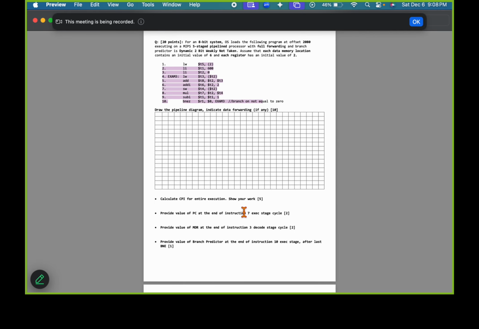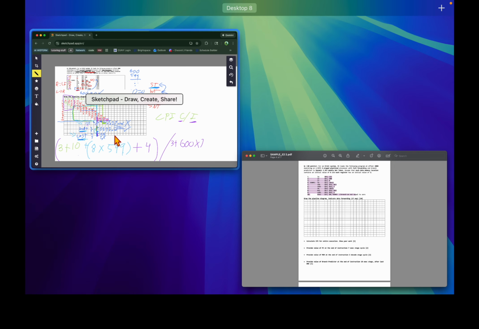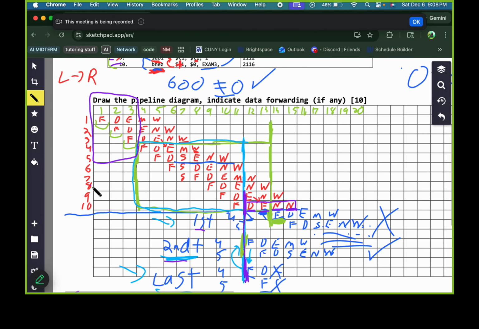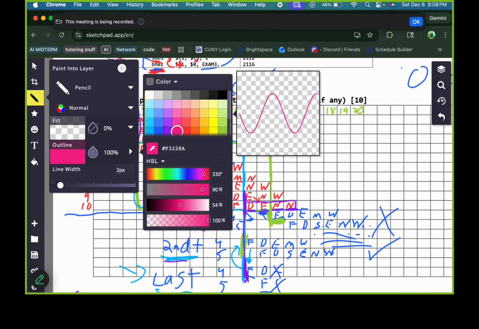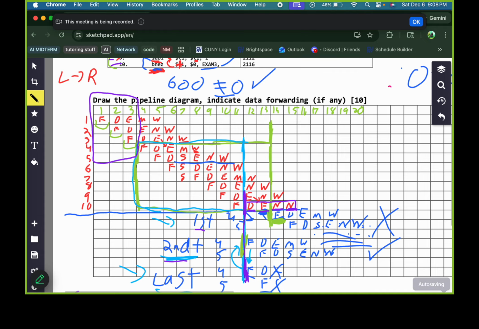What is the PC at the end of instruction 7 exec stage? Well, instruction 7 over here, this is what we're looking at, the exec stage, right? But where do we change our program counter? We change it in the fetch stage. What's happening at the same time as exec? Instruction 9 is being fetched.